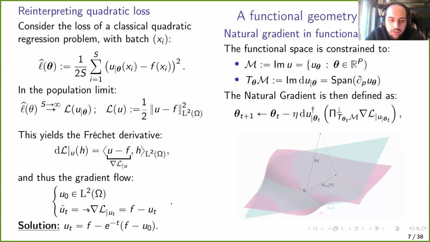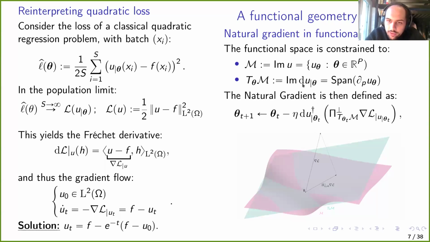Okay, so now how can we apply this to neural networks? The problem is that we are not free to move in the whole space. We are constrained by the architecture of our neural network. So we can model this as a manifold given by this formula, which is parameterized by the parameters of the neural network.